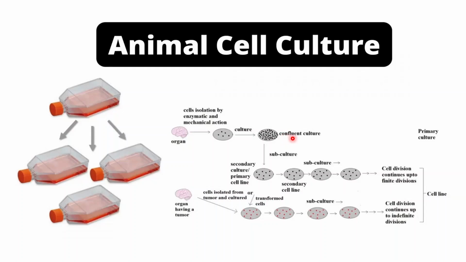This is due to a phenomenon known as contact inhibition. Under that condition, the rate of growth decreases, so we need to subculture the cells.